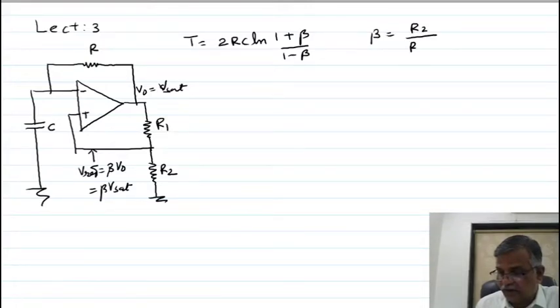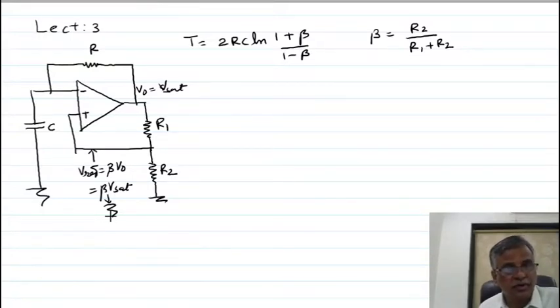It is given by R2 upon R1 plus R2. In the last lecture we derived this equation and saw how the circuit works and gives you the square wave output. This is the circuit diagram of a square wave generator using the op-amp, or it is called an astable multivibrator.